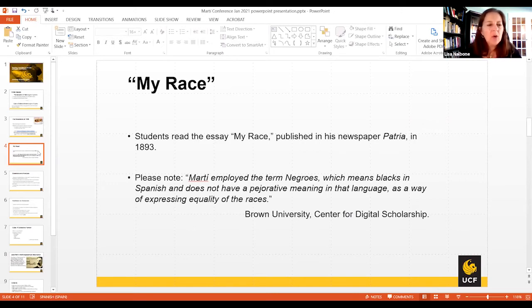But I want to note here that when I present this in the course that's taught in English, because it's read in translation, I use this quote from Brown University Center for Digital Scholarship to explain the terminology of how Negroes is used.